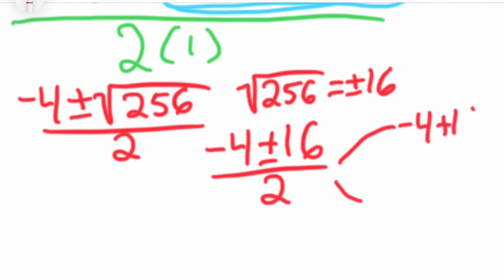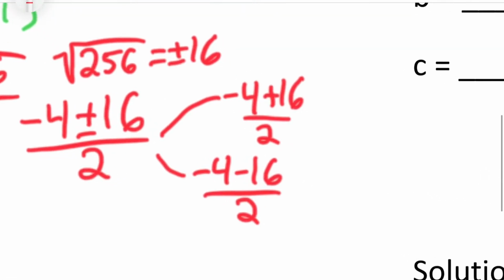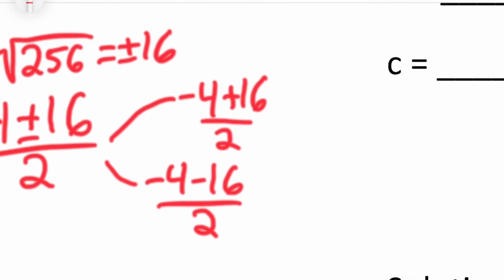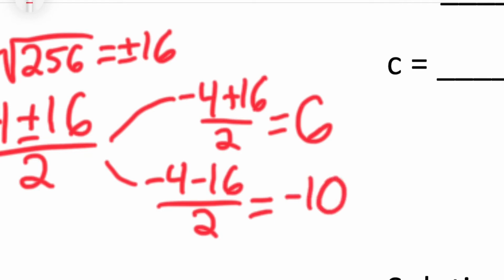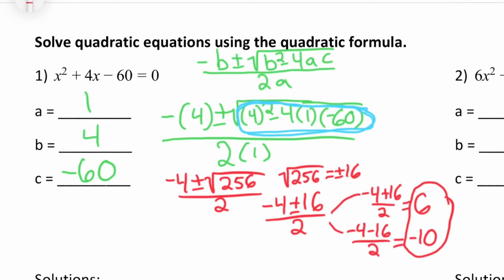And this gives us negative 4 plus 16 over 2 and negative 4 minus 16 over 2. And then we can simplify these, remembering that that plus and minus is giving these two different options or two different solutions. So on the top one, when we're adding, we're going to get 6. On this last one, we're going to get negative 10. And these are going to be our two solutions for number 1.